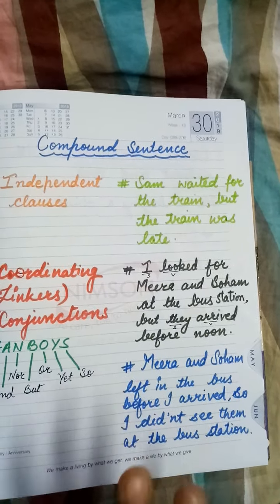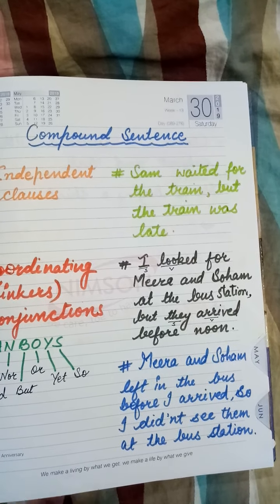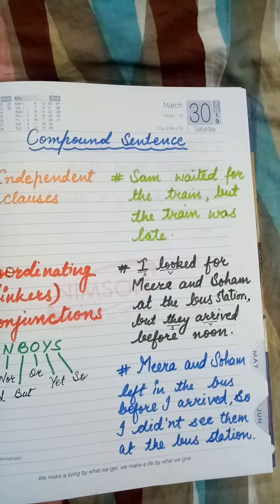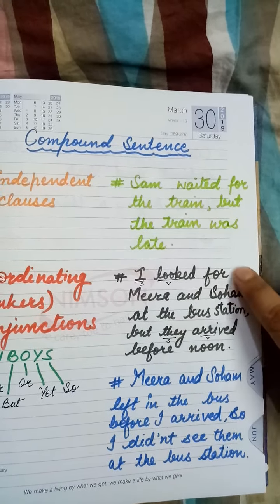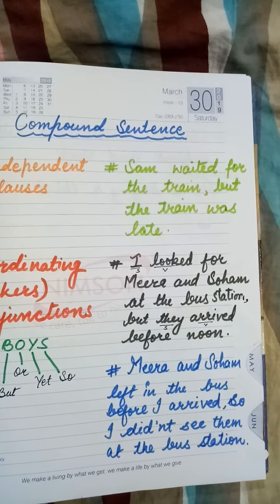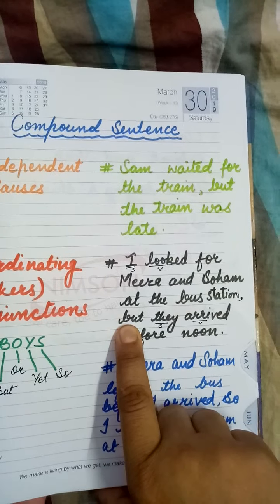How? This is our subject, and looked is a verb, and every independent clause has a subject and verb and has complete meaning. So that's why it is an independent clause. But they arrived before noon. But is a conjunction.